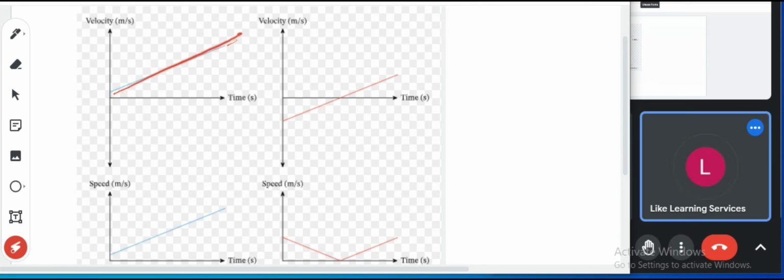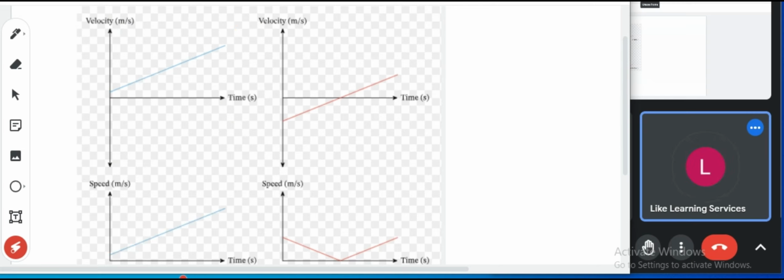This is a velocity against time graph. Describe this graph. Constant acceleration in the forward direction. So the speed against time is also constant acceleration in the forward direction. It looks like this.